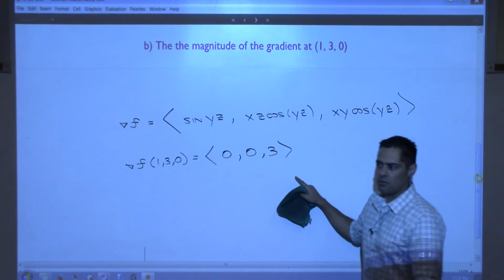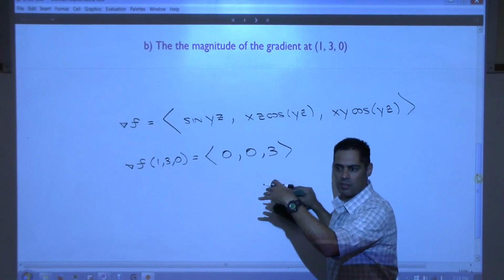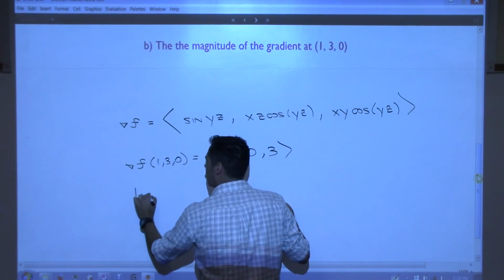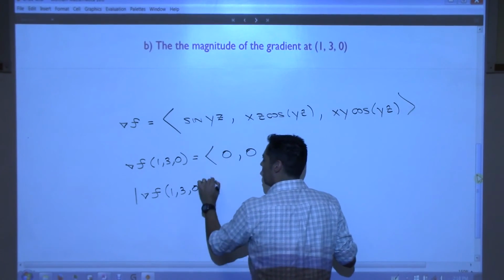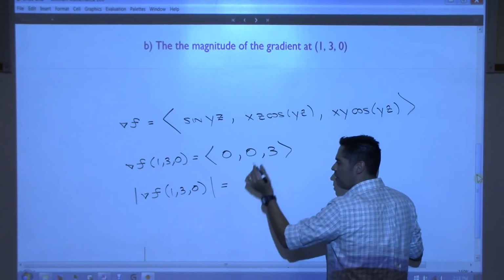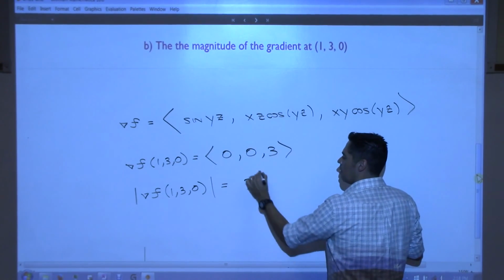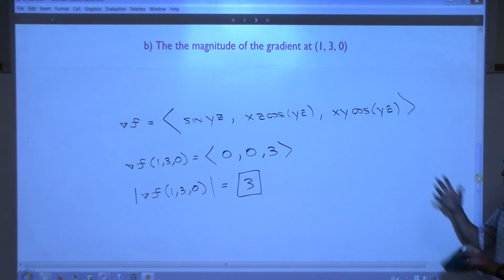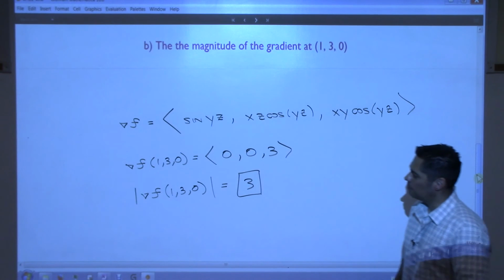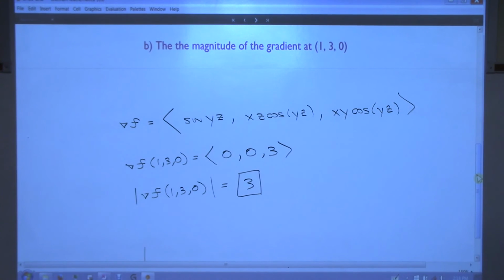I need its magnitude to find the maximum rate of change. So the magnitude of the gradient of f, and this one's an easy one to do, the square root of all that squared is just 3. So it definitely has to be bigger than the other answer. If this answer is smaller than the other one, something's wrong. All right? Good?